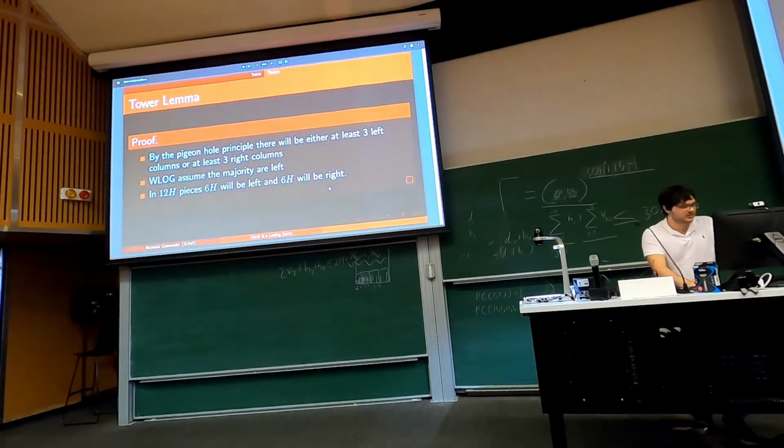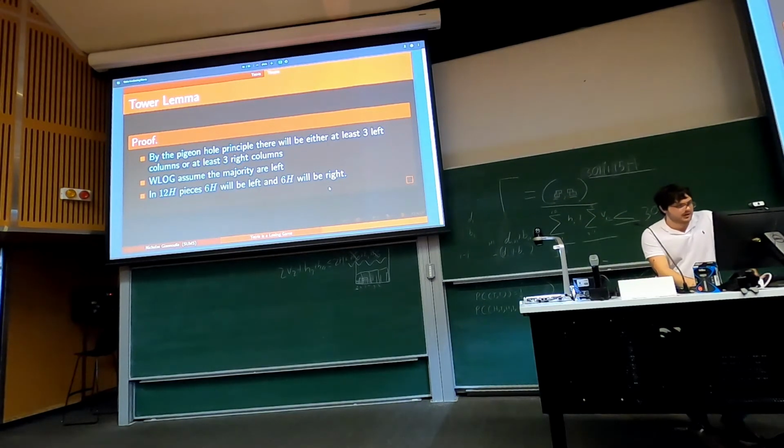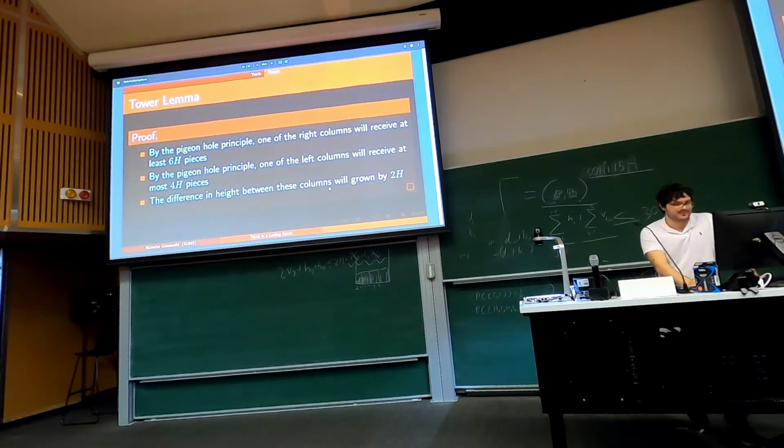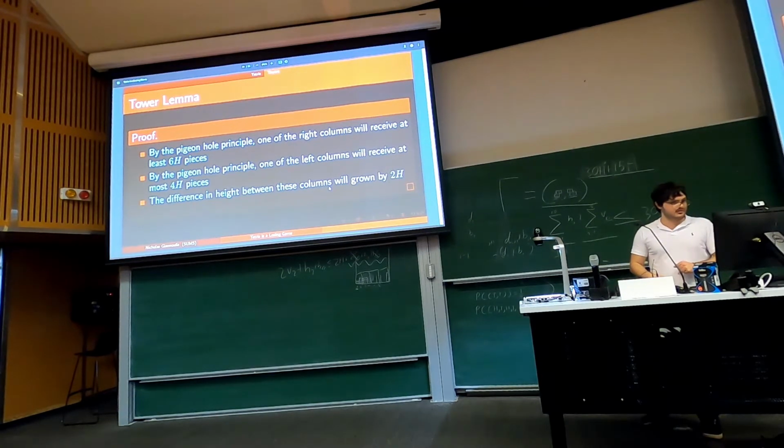Okay. So if I drop 12H pieces, exactly 6H of them will be left, and exactly 6H of them will be right, because recall, it's just an alternating sequence. So again, by the pigeonhole principle, one of the right columns will receive at least 6H pieces. This is because there are 6H right pieces. Oh, sorry, that should be 3H pieces. No, that's right.